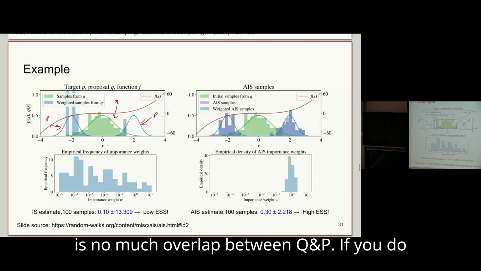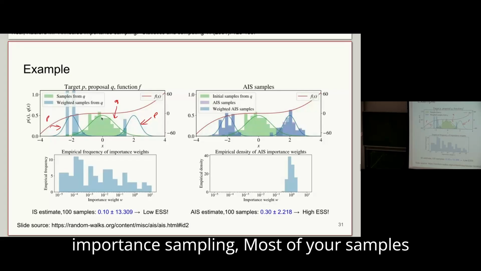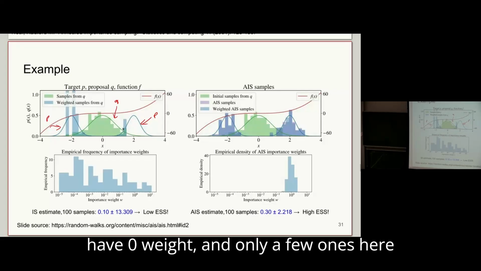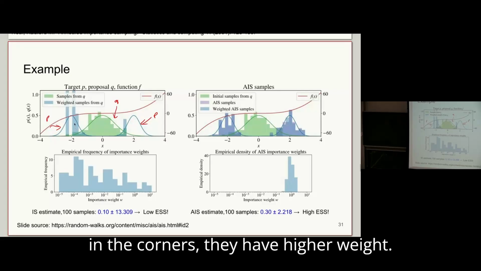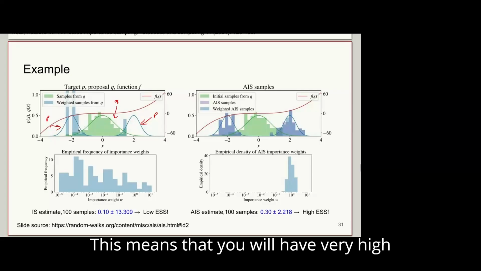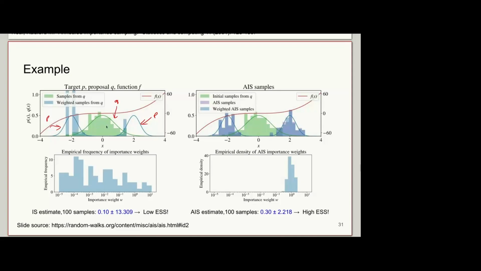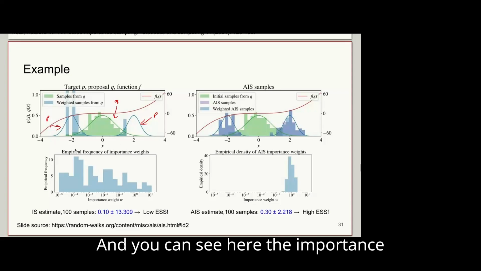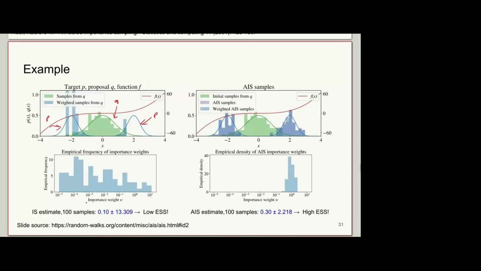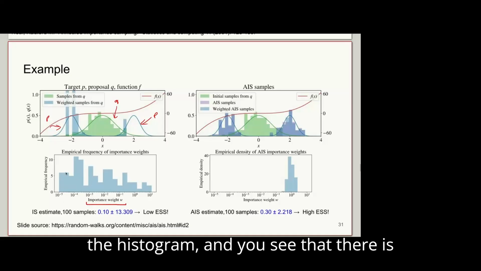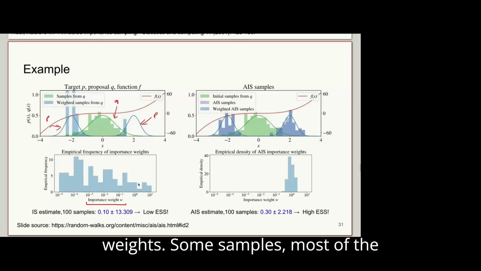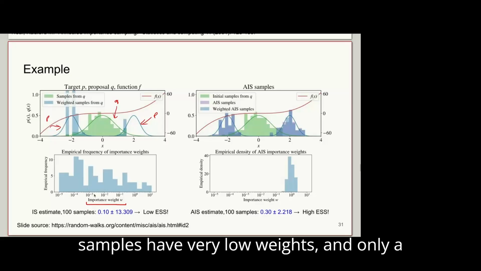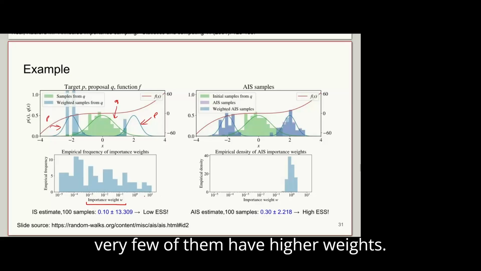There is not much overlap between Q and P. If you do importance sampling, most of your samples have 0 weight, and only a few ones here in the corners have higher weight. This means that you will have very high variance in your estimators. And you can see here the importance weight value and the histogram, and you see that there is a lot of variability in the importance sampling weights. Most of the samples have very low weights, and only a very few of them have higher weights.